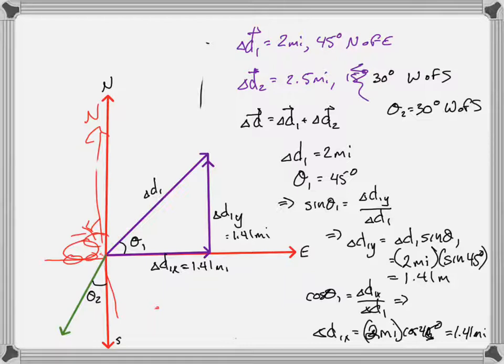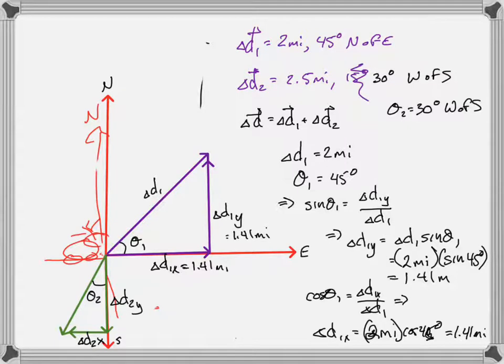And then we drop our perpendiculars, and I'm going to draw the components because we know it's the right triangle that makes up that and that. So this is delta D2y, and this is delta D2x.